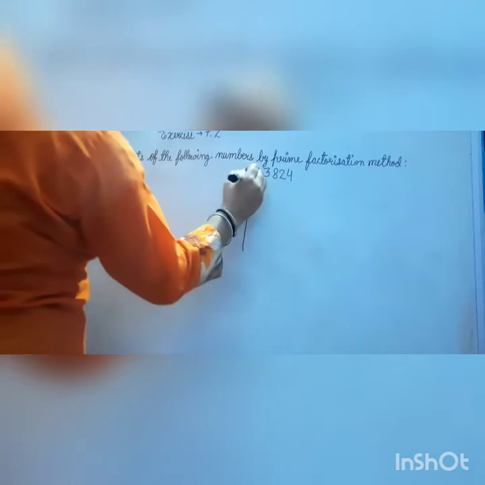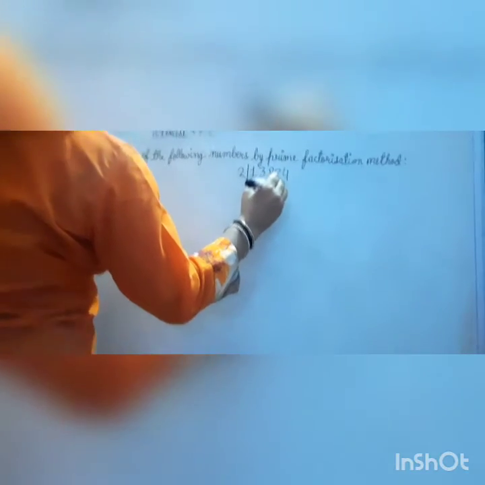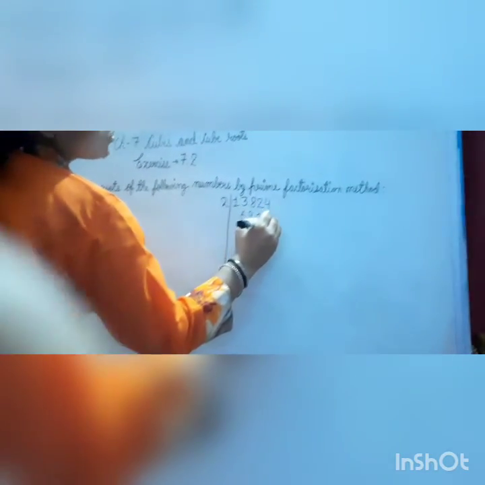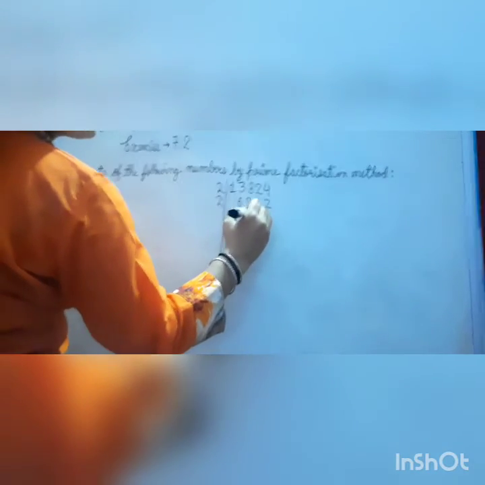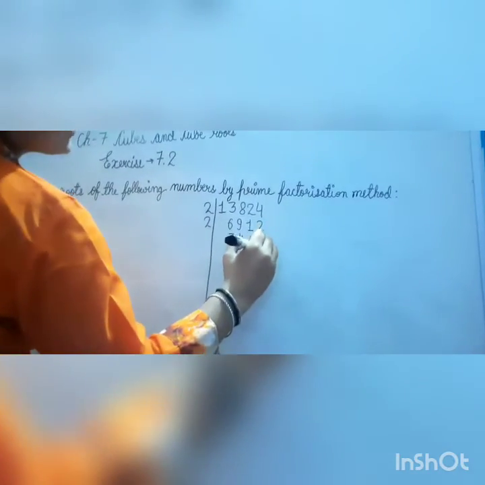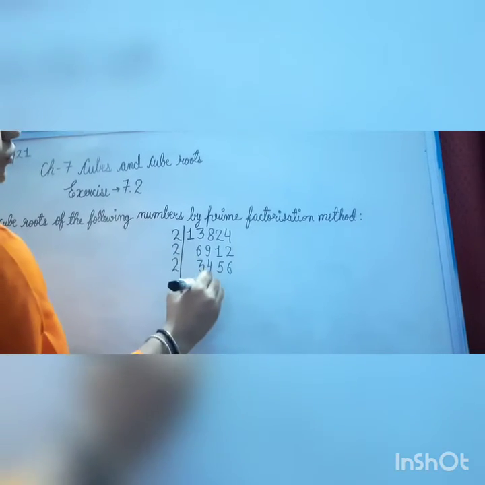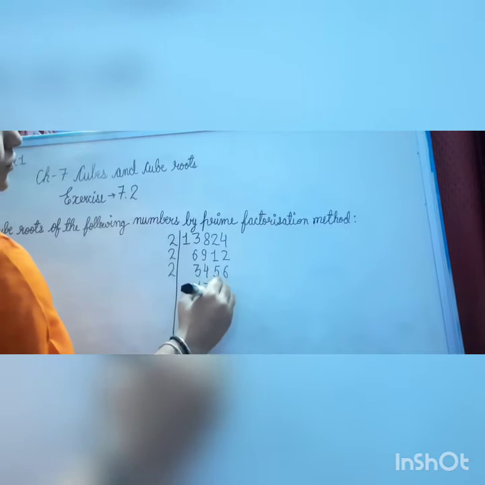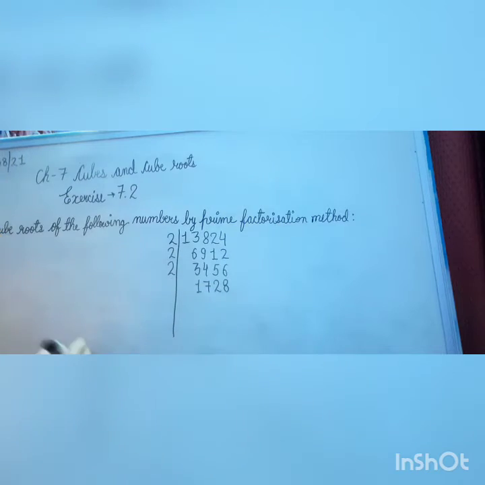You will divide it by 2. 2 sixes are 12. 2 nines are 18. 2 ones are 2. 2 twos are 4. Again 2. 2 threes are 6. 2 fours are 8. 2 fives are 10. 2 sixes are 12. Again 2. 2 ones are 2. 2 sevens are 14. 2 twos are 4. 2 eights are 16.